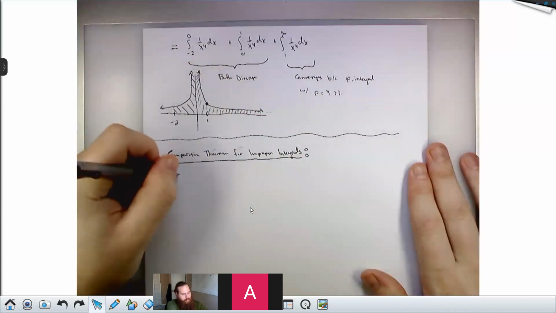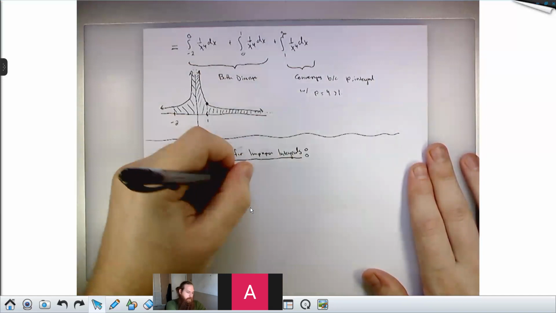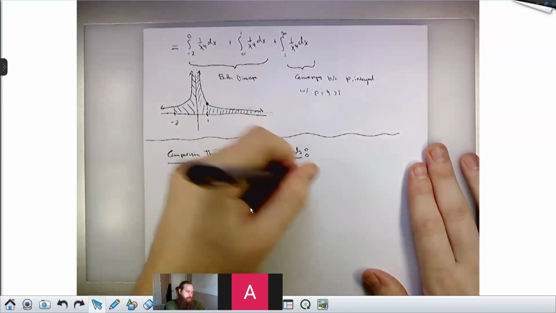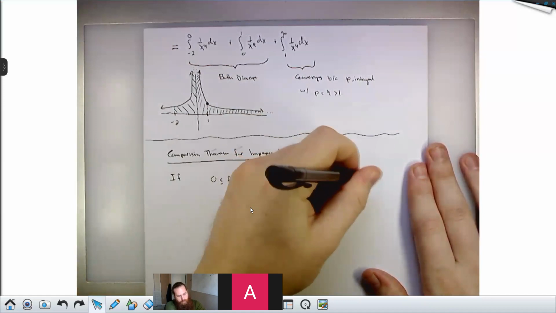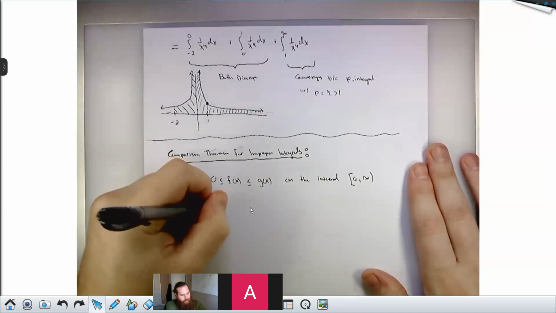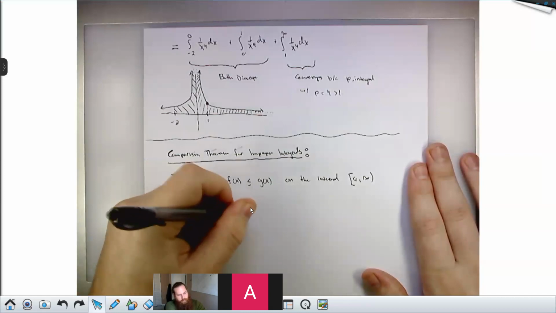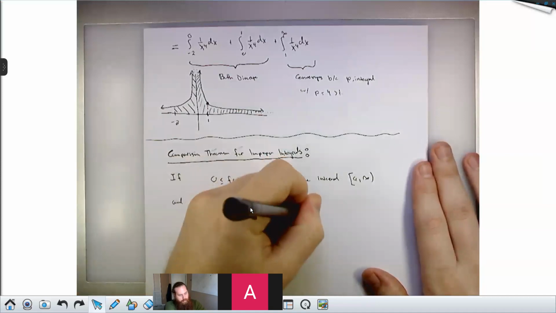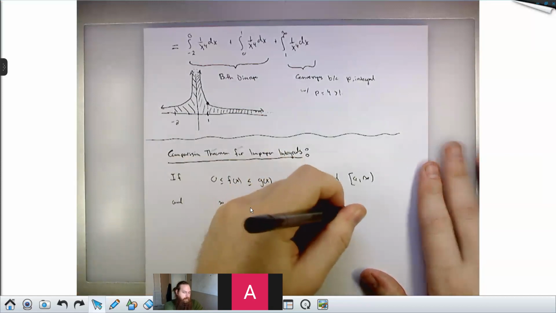This says if 0 is less than or equal to f of x is less than or equal to g of x on the interval a to infinity, and the integral from a to infinity of g of x dx converges, then the integral from a to infinity of f of x dx converges.